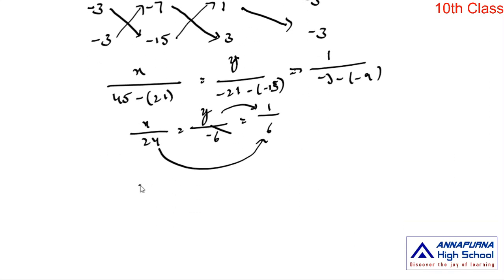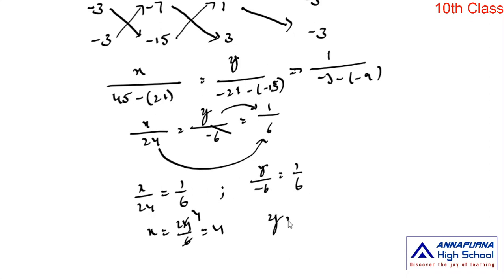So if x by 24 is equal to 1 by 6, then x is equal to 24 by 6, 4. And if y by minus 6 is equal to 1 by 6, y is equal to minus 6 by 6, it is equal to minus 1. Here the solution is 4 comma minus 1.